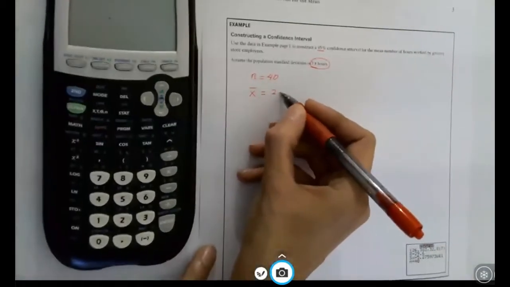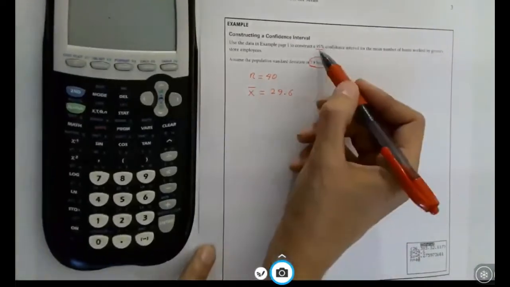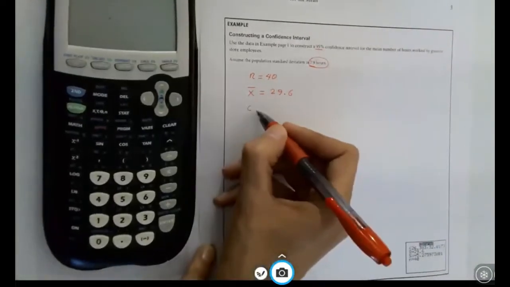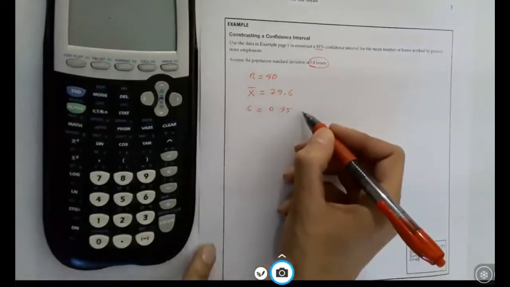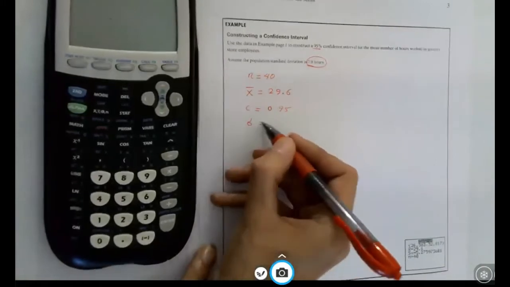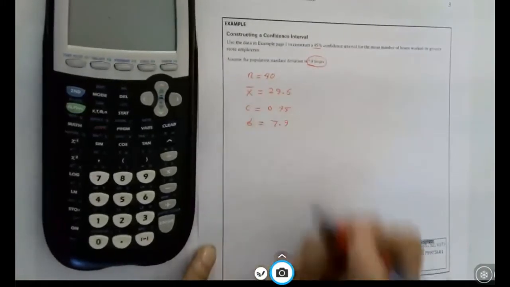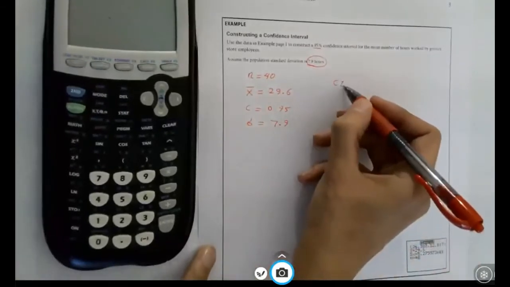Yes, perfect, 29.6. Confidence level is given, C is 95%. And the standard deviation of the population is also given, 7.9. What is the confidence interval?